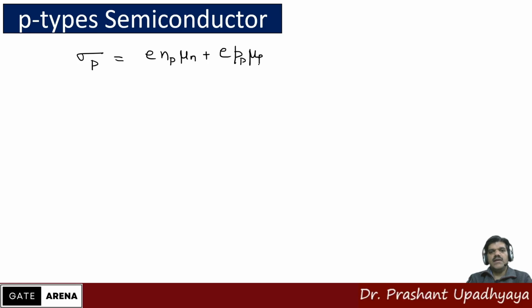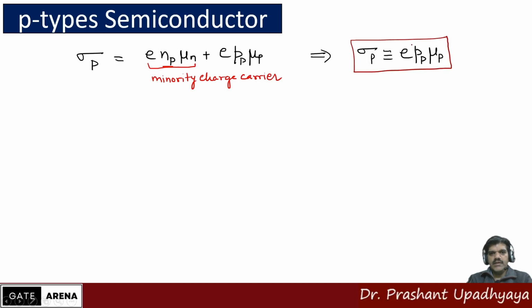Now if you remember, electrons are the minority charge carrier, that means n_P is the minority charge carrier, so the conductivity due to e n_P mu_n will be considered very low. So we can write sigma_p equal to e p_P mu_p. Its unit is Siemens per meter.